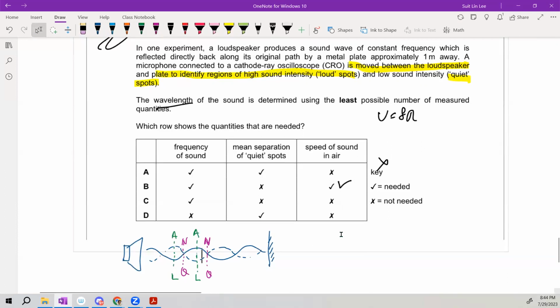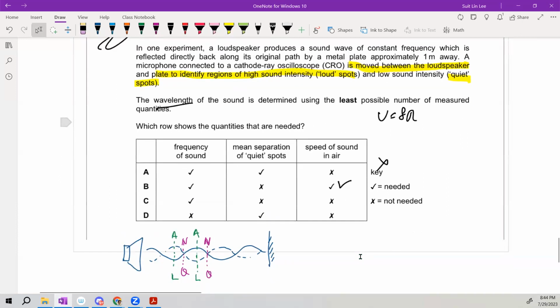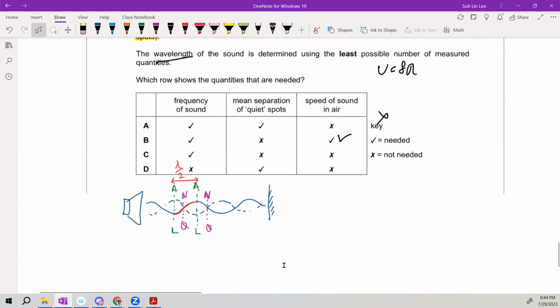And we want to find the wavelength of sound. So in order to find the wavelength of sound, if you look at my shape here, for example, antinode to antinode, isn't here to here lambda over 2? Or if you want to take node to node, isn't here to here also lambda over 2?